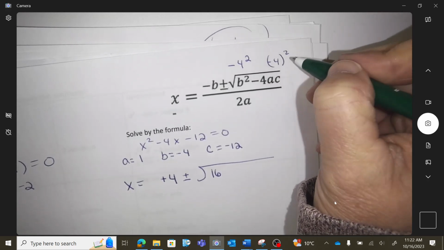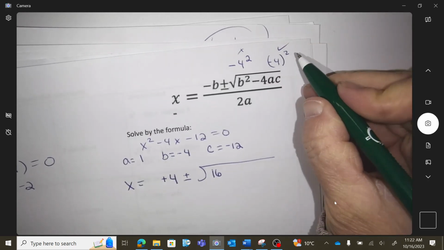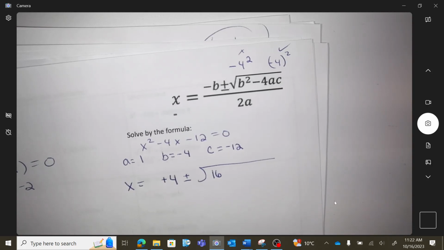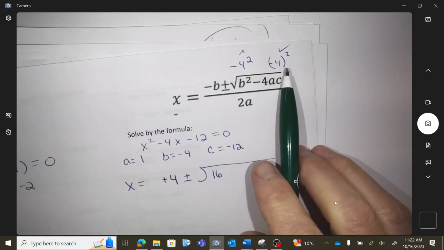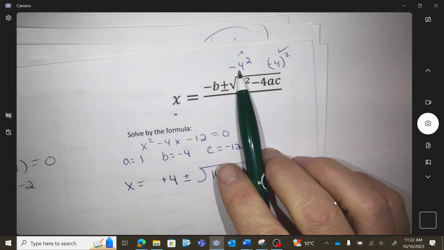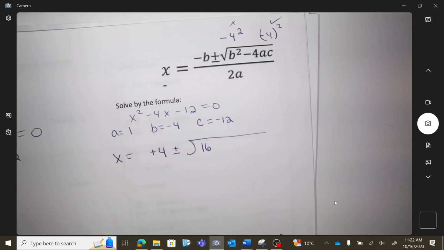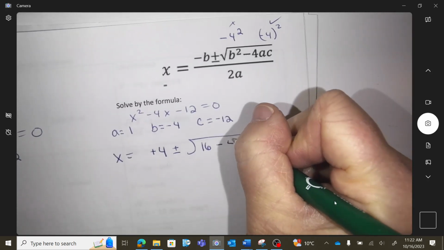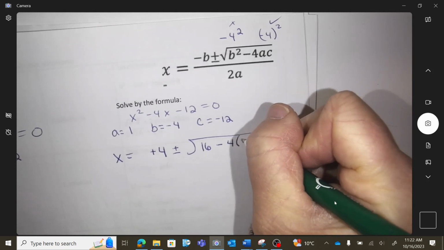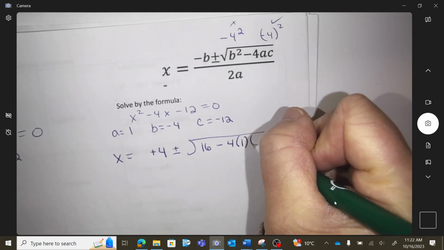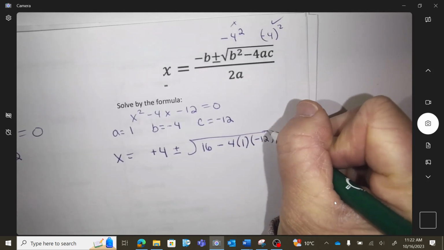I need you to be thinking negative 4, then squared, okay? Most of the time you can do that in your head, not your calculator. But if you did it in your calculator, this is wrong. Always positive. So B squared, subtract 4 times the A number and the C number.